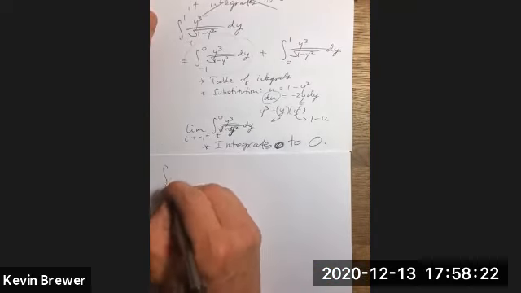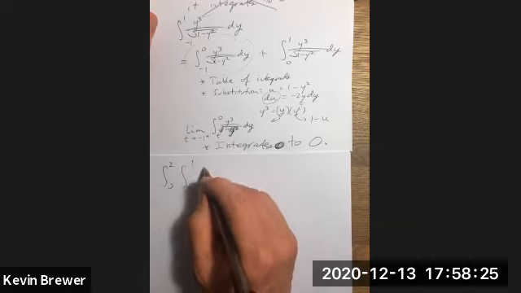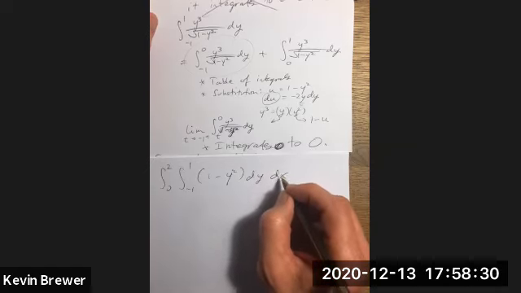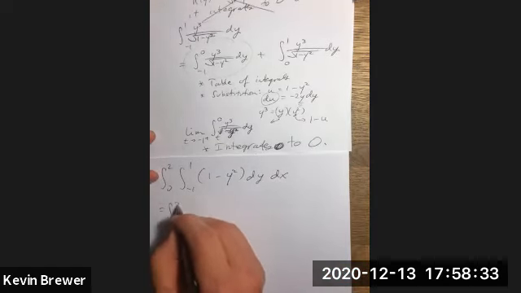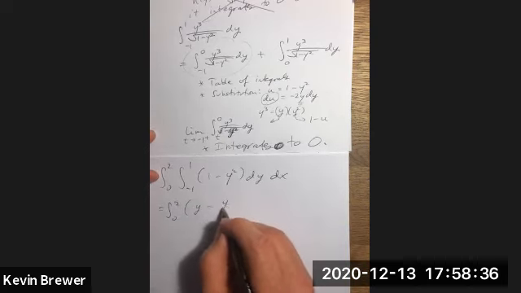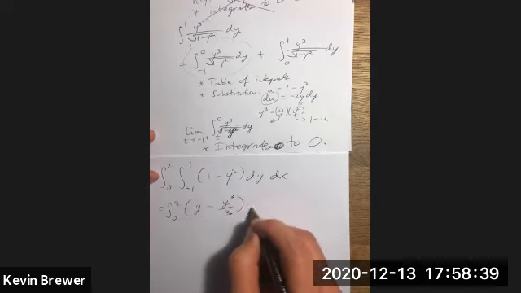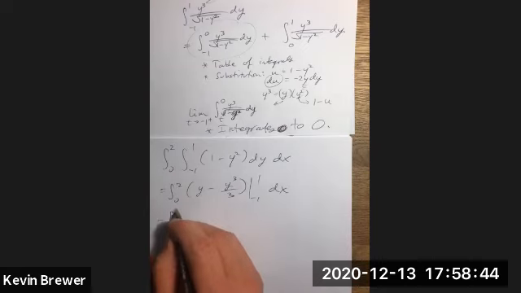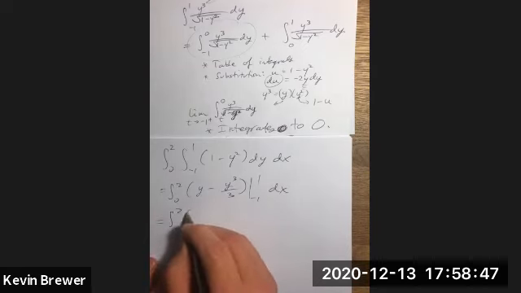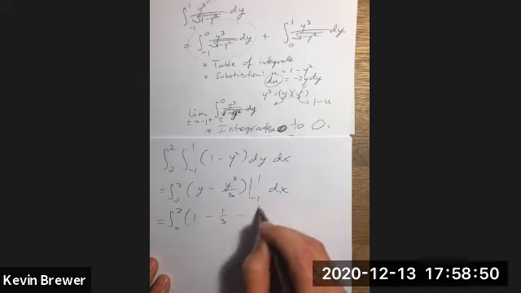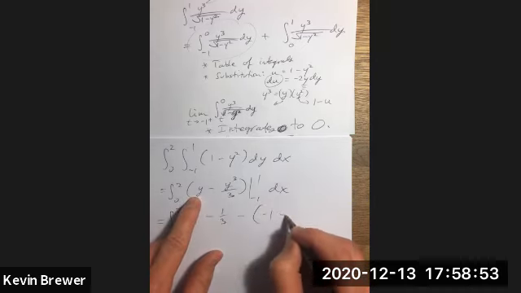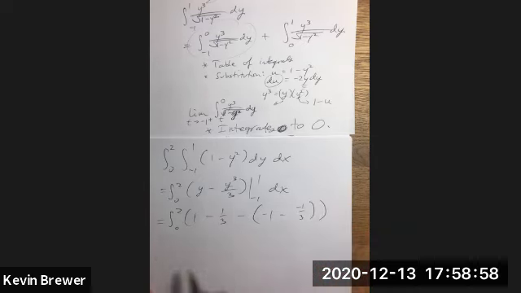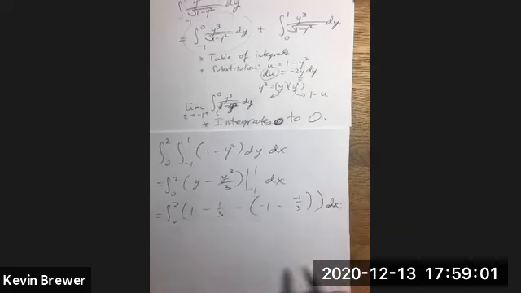So it's the integral from 0 to 2, integral minus 1 to 1 of 1 minus y squared dy dx, which is the integral from 0 to 2 of y minus y cubed over 3 from minus 1 to 1 dx, which is the integral from 0 to 2 of 1 minus a third minus, and then minus 1 minus a third dx.